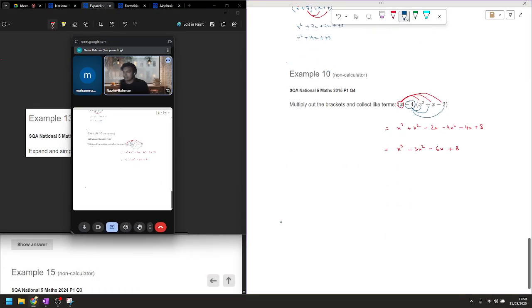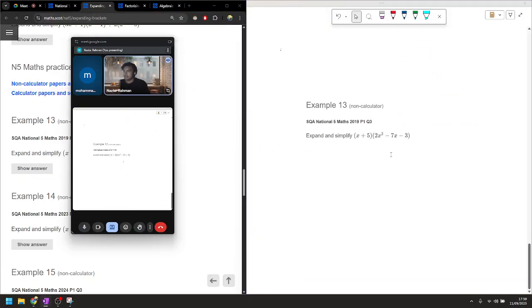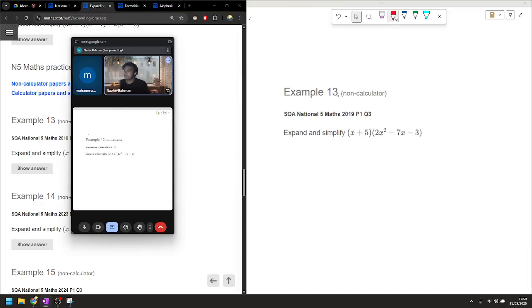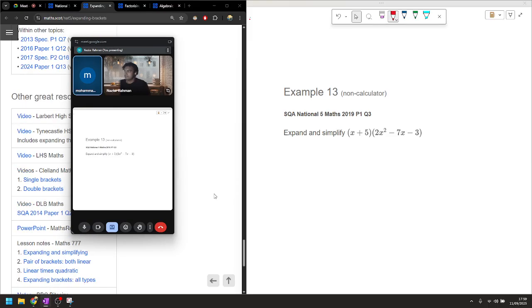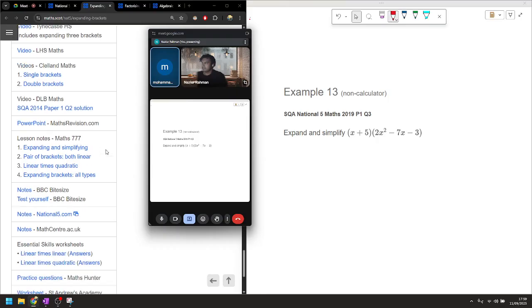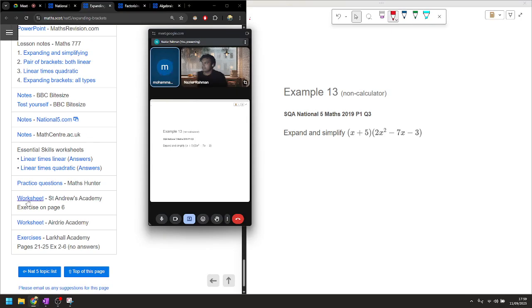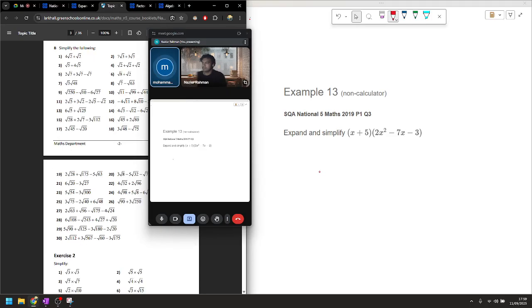Okay, like that. So very quickly, let's go over this one. So how do we do this? X times 2x squared is 2x cubed. Well done.